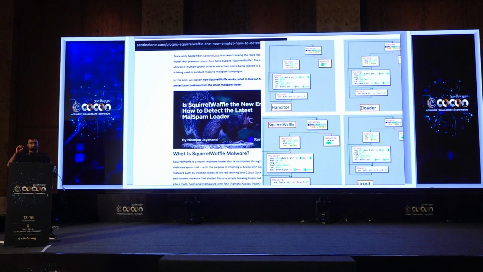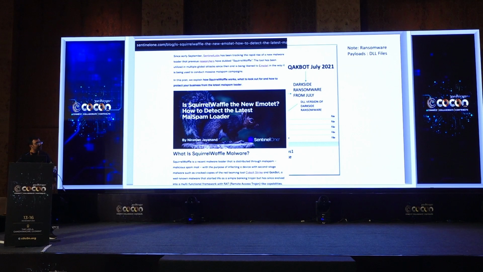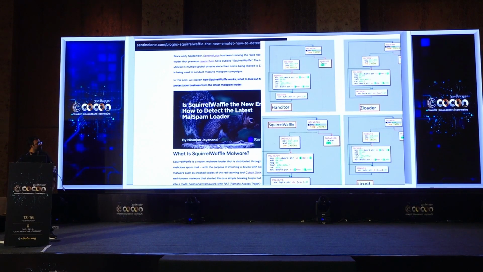Typically, these files would have very low detection rates, but when they test it, we might understand that somebody is testing a new payload, and this is how code similarity helps us understand that we are dealing with a new loader. That is how the story of Squirrel Raffle was built. With Z-Loader, firstly it was using the same code block operation, a single byte operation at memory level, that matched Squirrel Raffle. So we knew for sure that it's a new loader that we are dealing with. That is how the story was built.